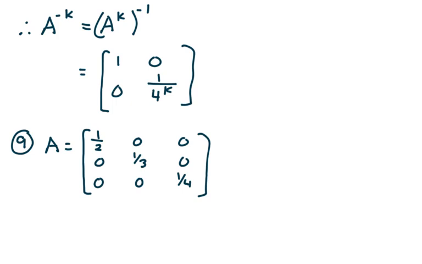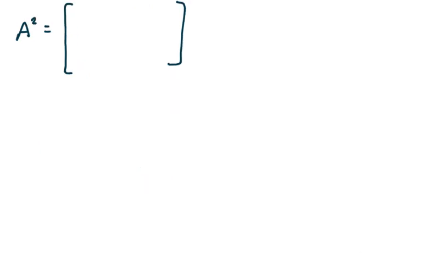And I want to do A squared. Now, what am I going to do? I'm going to take all the entries along the main diagonal and square. When I do, I get 1/4, 0, 0, 0, 1/9, 0, and then 0, 0, 1/16.